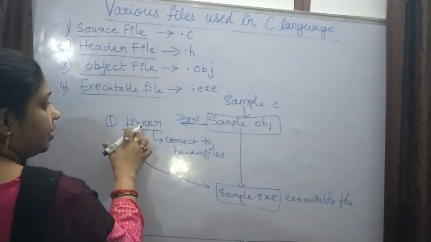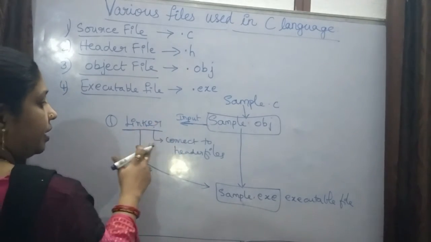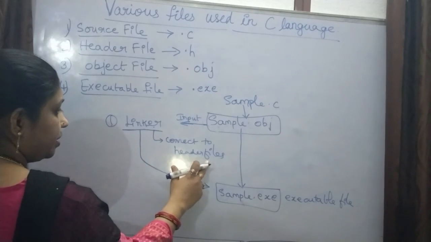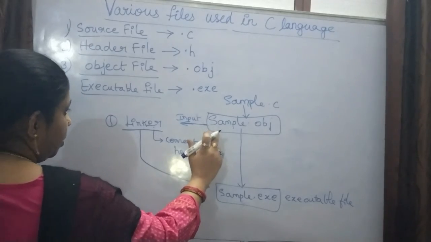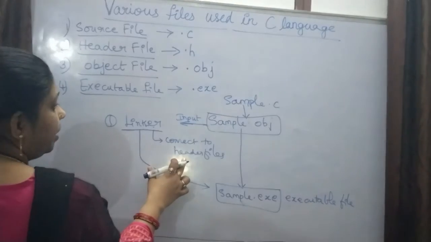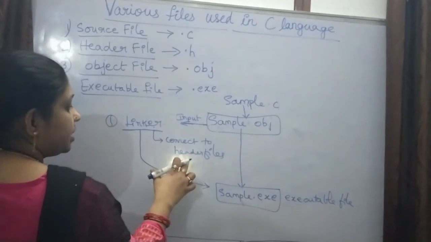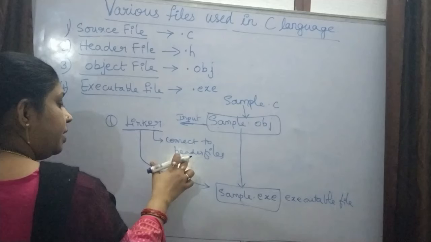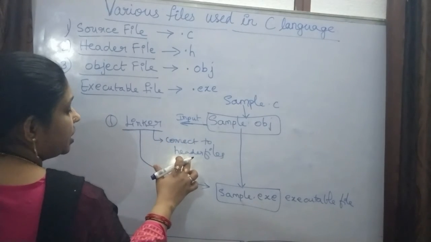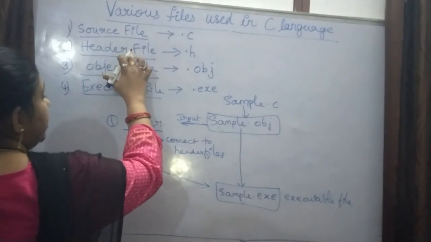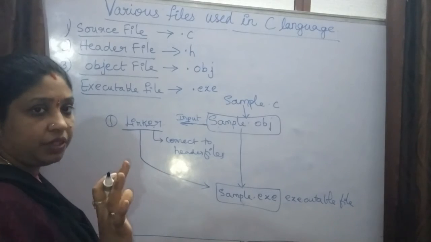When the linker connects this object file to the header files, the code present in it is connected, because in header files, as I have already said, all the data types, keywords and identifiers are there.